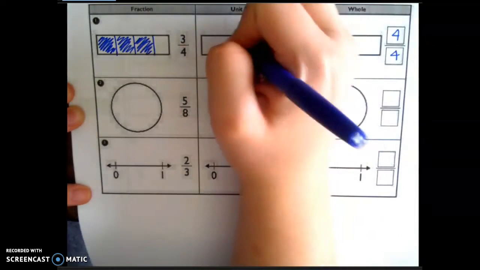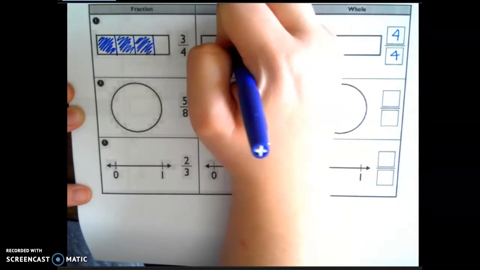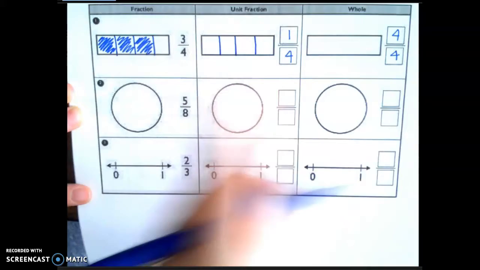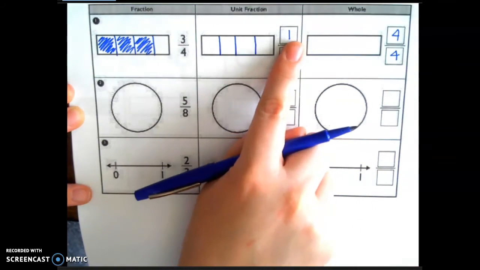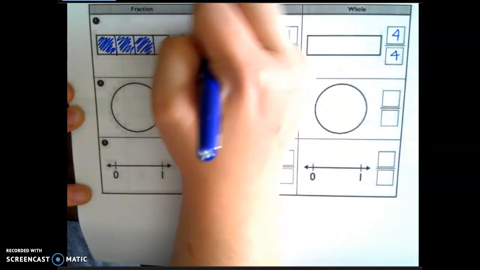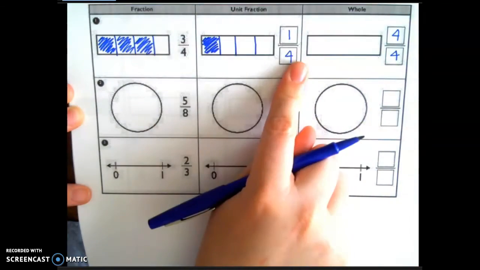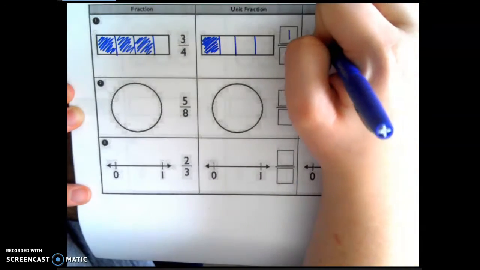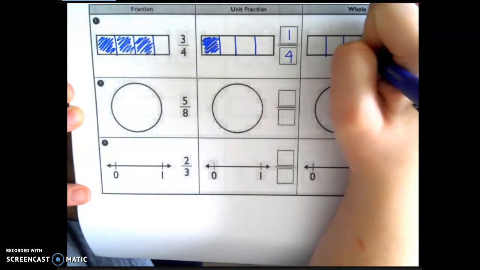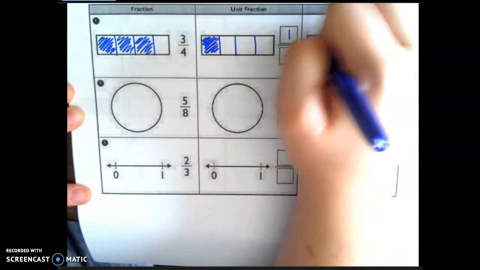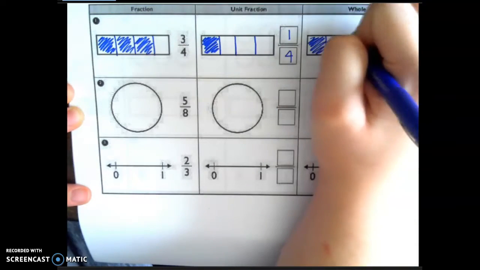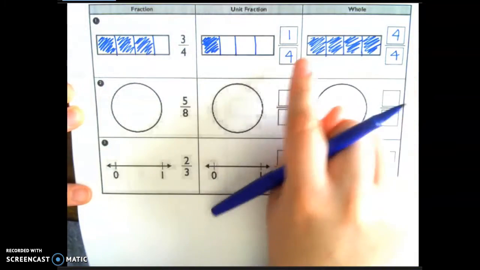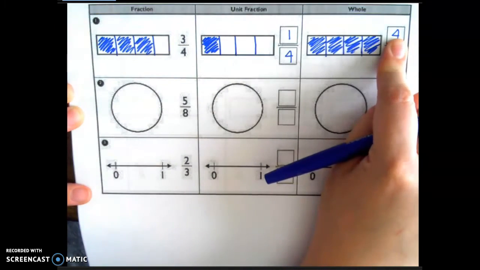Now, when you're asking to find a unit fraction, you're just wanting to find 1 unit of the whole fraction. 1 unit of the whole fraction would just be 1/4. And then your whole would be 4/4. That's the whole thing being shaded because you have 4 equal parts and 4 of those parts are being shaded.